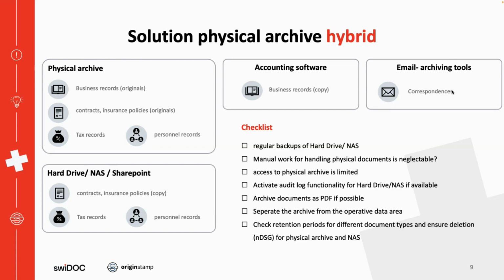And as I said before, in the storage, I should separate the archive from my operational data. And last but not least, with the new data protection governance coming in September, I should also make sure that personal information is deleted after the storage duration is over.